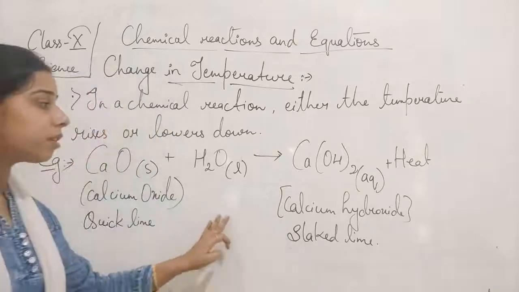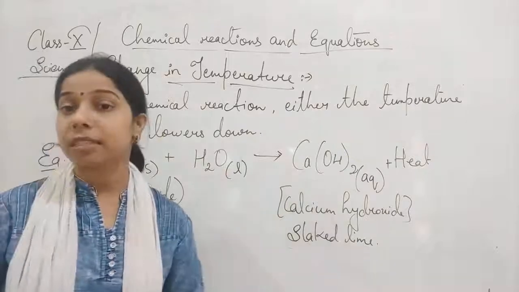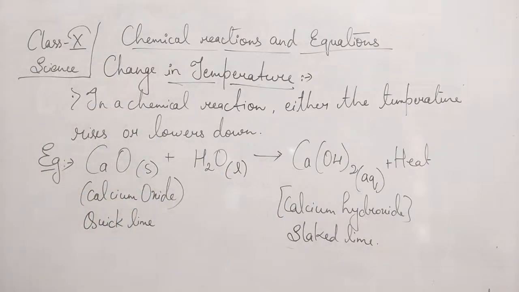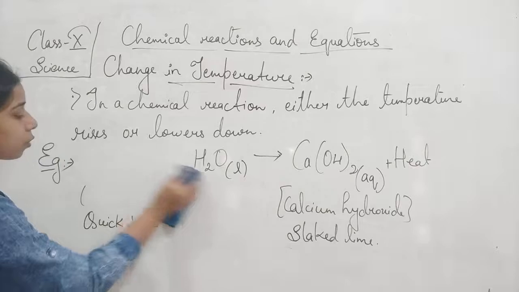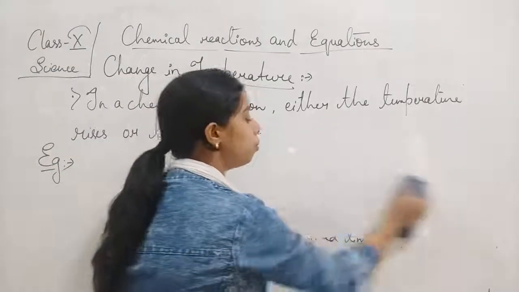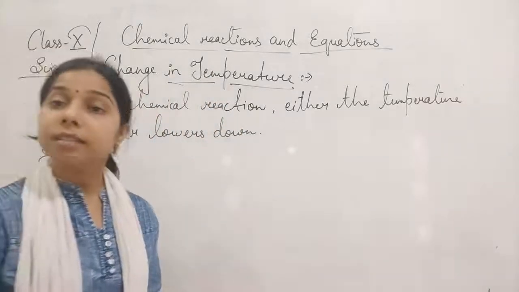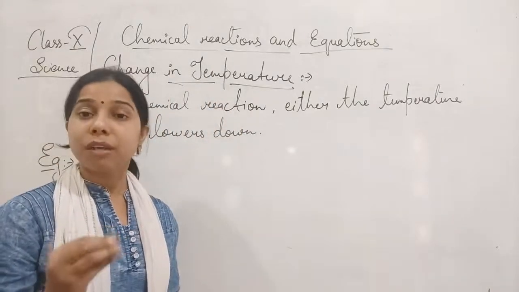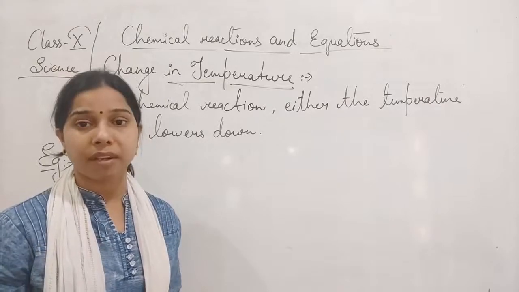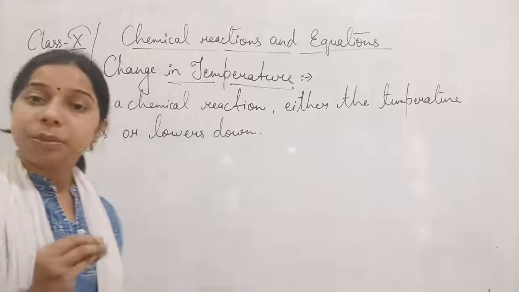So this is the first example, in which calcium oxide reacts with water to form slaked lime and heat. The second case that we can take, students, is zinc granules. When we take the zinc granules and add dilute sulfuric acid, there is not only the evolution of gas but also heat energy produced.